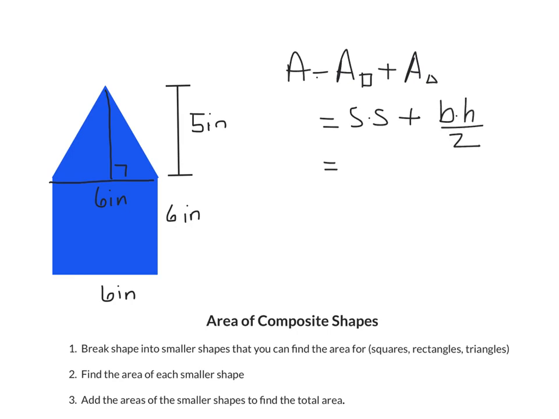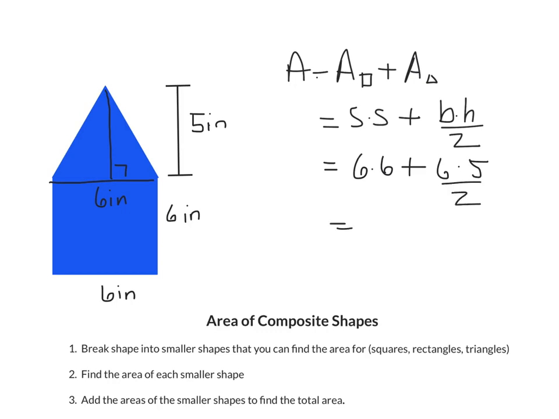So now I'm just going to pull the dimensions out of my figure. The square side lengths are 6 by 6, so we'll add those in. And the dimensions of my triangle, my base is 6 and my height is 5. So we're going to do 6 times 5 divided by 2.